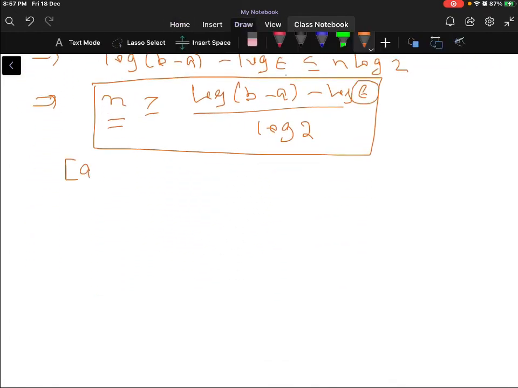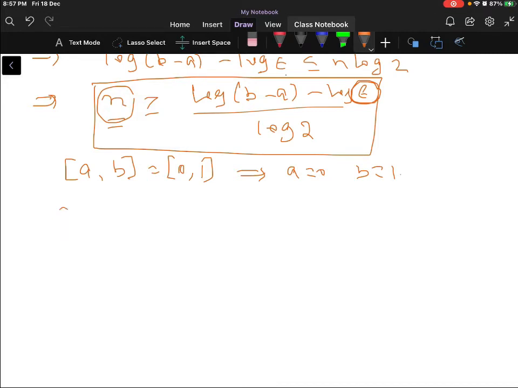Suppose I consider the interval a comma b equal to 0 comma 1, this implies a is equal to 0 and b is equal to 1. If you know the error, we can find the minimum number of iterations required for converging to a root.